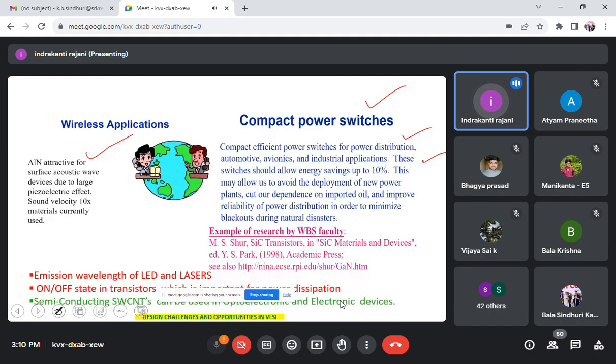So small changes in the working or fabrication of any kind of circuit design, or in large integrated circuits, may cut the energy losses by 10%. The on and off state of the transistor can also be controlled. And silicon and single wall carbon nanotubes are majorly used in all the electronic devices and optoelectronic devices.